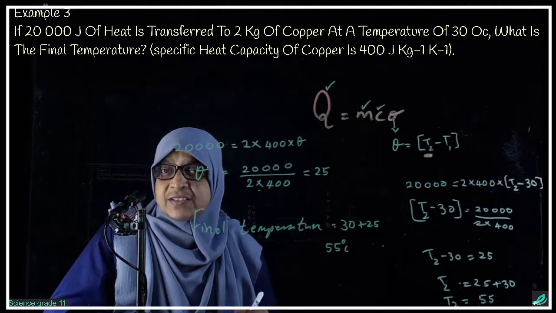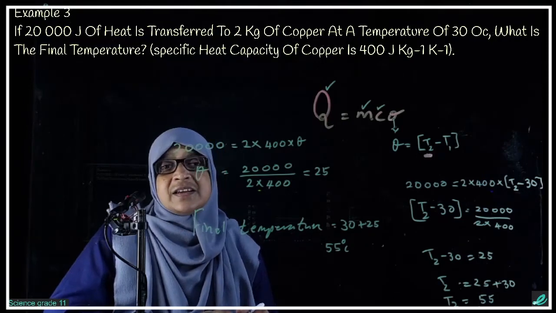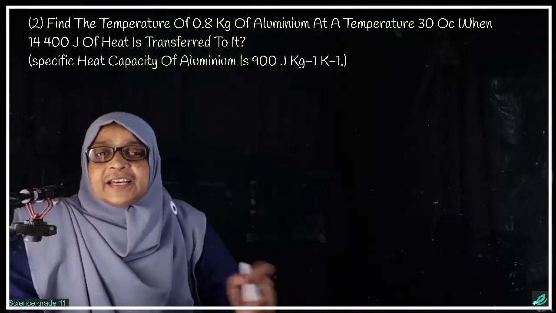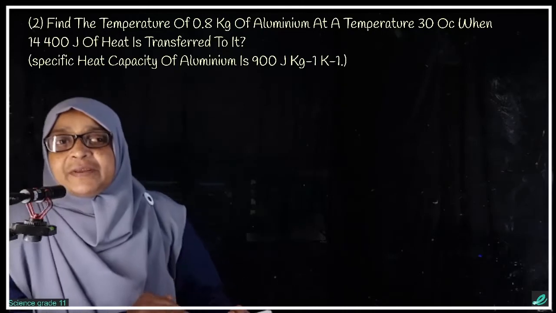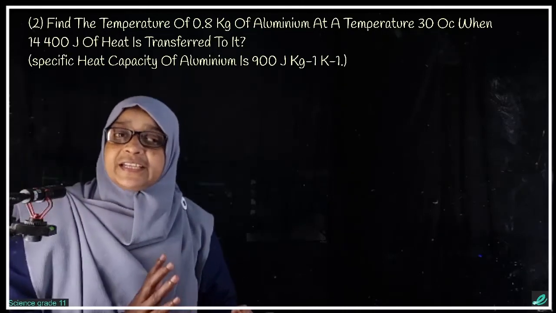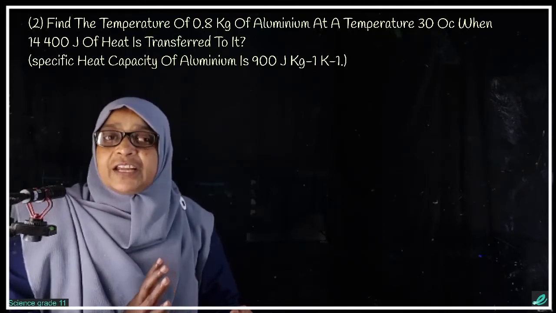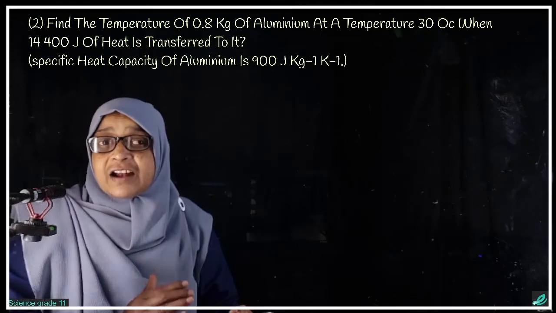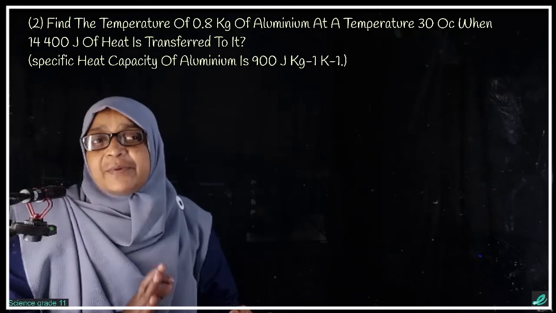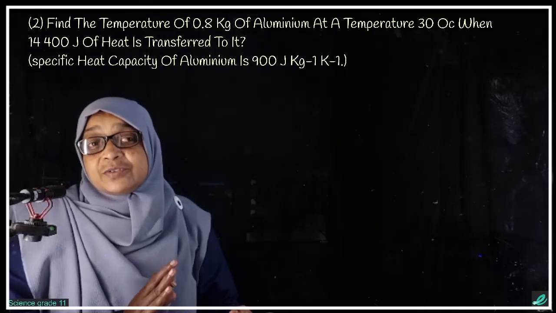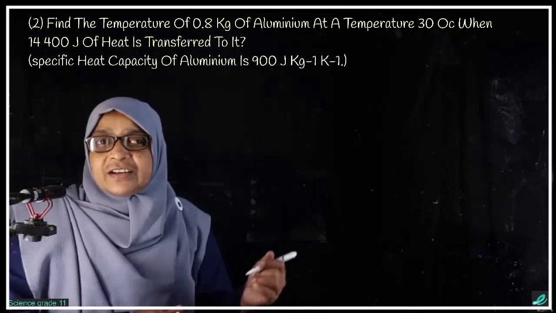Okay, according to this example, let's do an activity from exercise 9.2. Question number. Here, read this question. Find the temperature of 8 kg of aluminium at a temperature of 30 degrees Celsius when 14,400 joules of heat is transferred. The specific heat capacity of aluminium is 900 joules kg minus 1 K minus 1. Then children, what is the question?